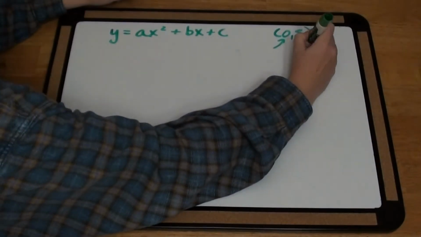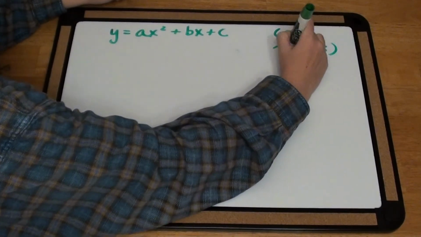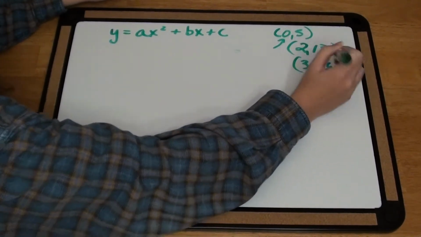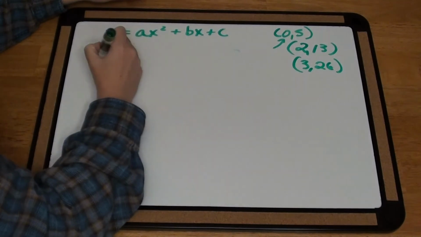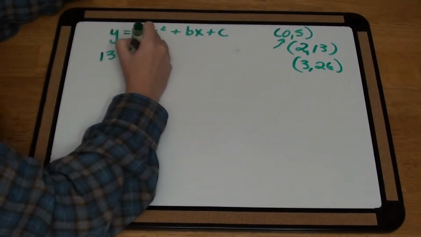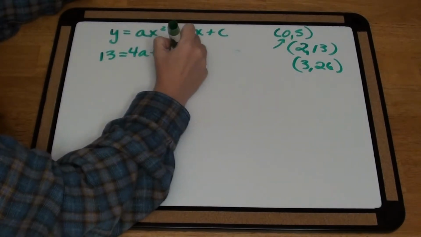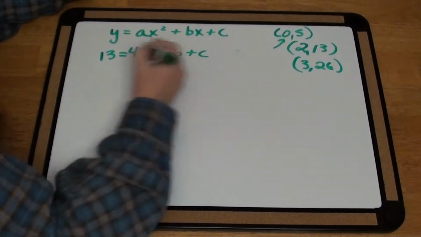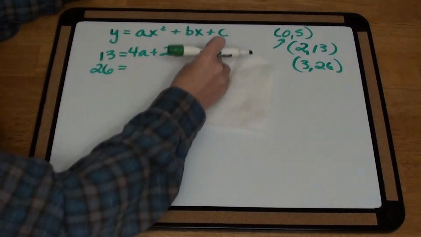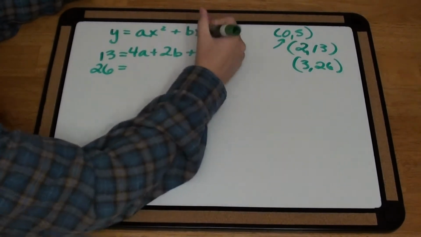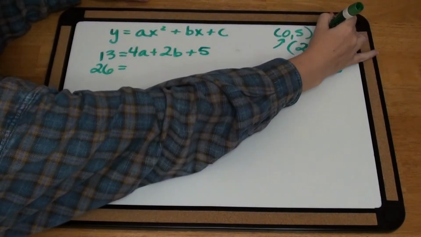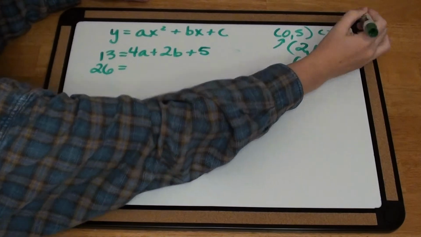We have the point 2, 13, and we also have the point 3, 26. So here I'm going to say 13 equals 4a plus 2b plus c. And here I'm going to say 26 equals, not c, 5, because remember, 5 is our c. We already know that c equals 5 because that's the y-intercept.